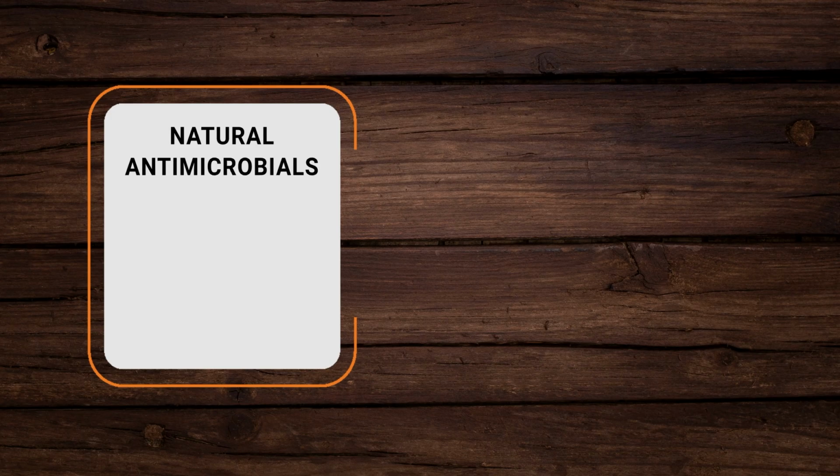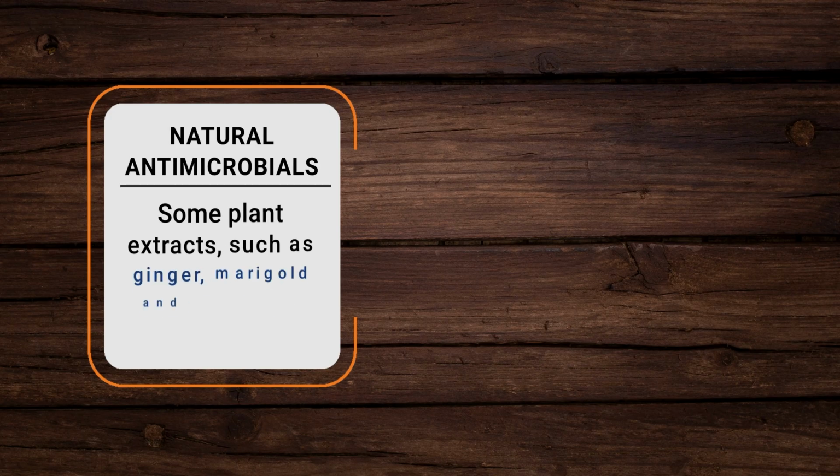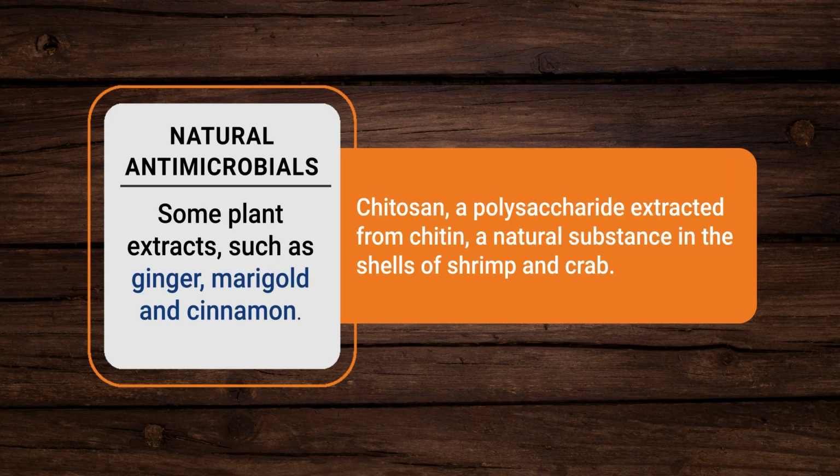Sometimes some natural antimicrobials can also be added to it, as part of the coating. For example, here it is mentioned cinnamon extract and chitosan, which is normally an animal origin byproduct, a polysaccharide having antimicrobial properties.